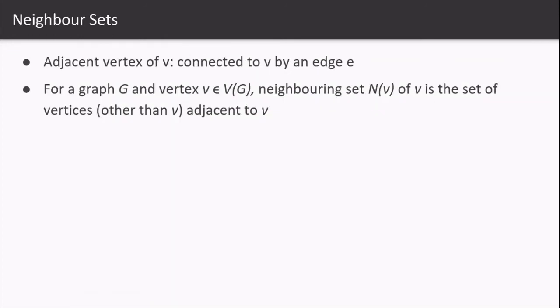A neighbor set of vertex v in a graph G is a list of all other vertices that are adjacent to v, meaning they are connected to v by an edge e. More formally, for any graph G and a vertex v, which is a subset of vertex set V(G), the neighbor set N(v) of the vertex v is the set of vertices other than v adjacent to v.